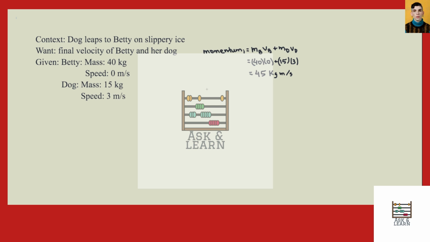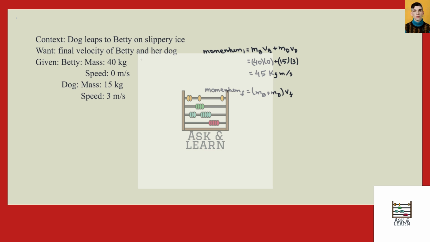Now the final momentum, final, is going to be equal to the dog and Betty are together, so the mass of Betty and her dog multiplied by the final velocity that they achieve.